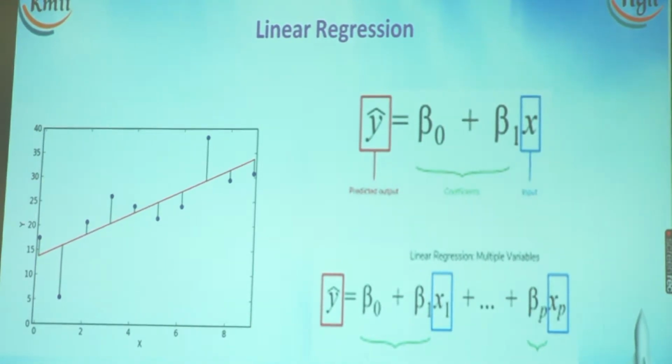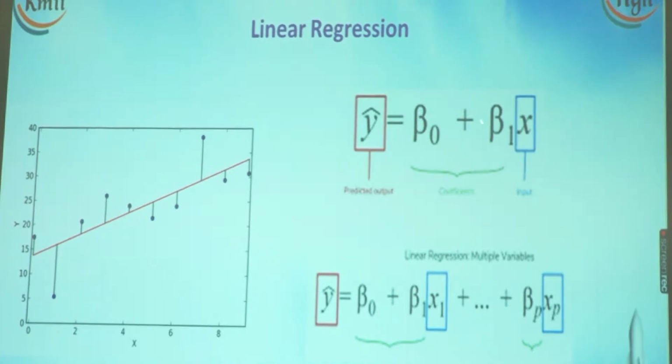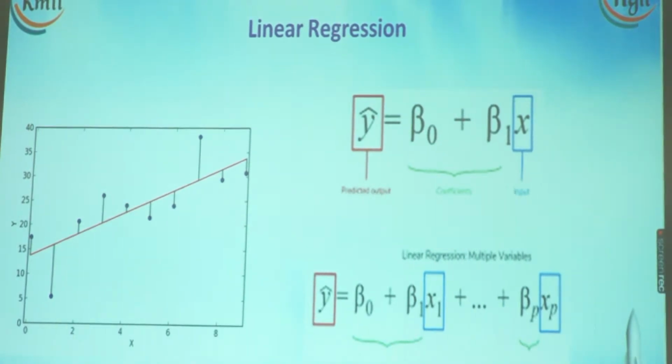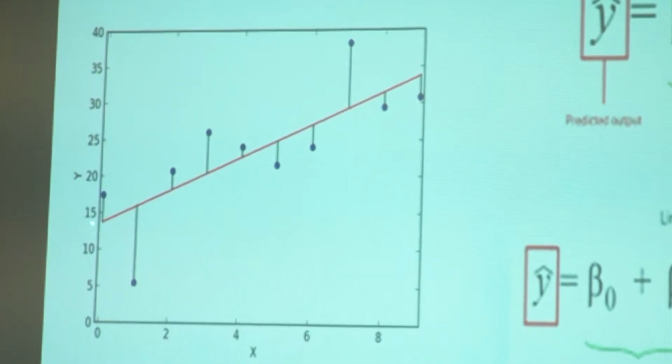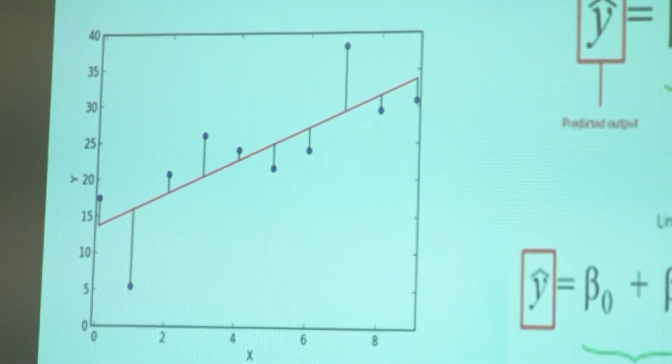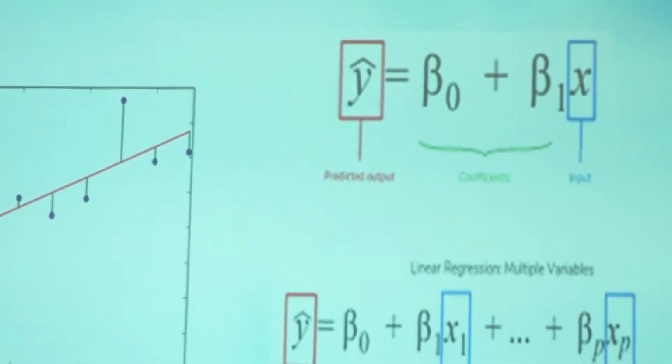No. Means the beta 1 is constant. When we take the slope of the line, beta 1 is constant. Does it start from 0? No. It is starting at 15. That's why the intercept starts at 15.